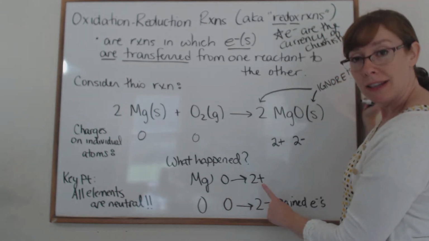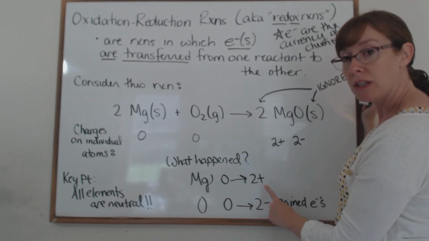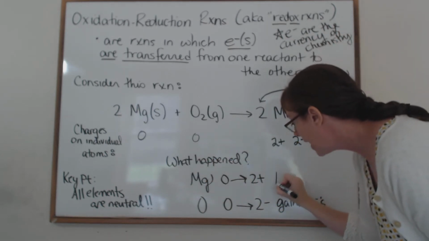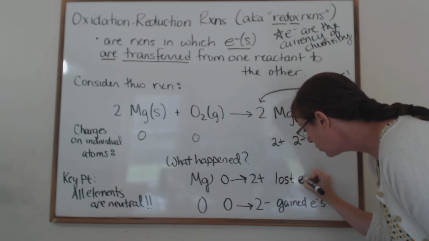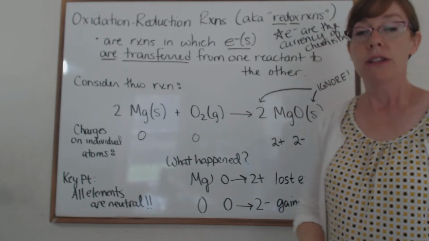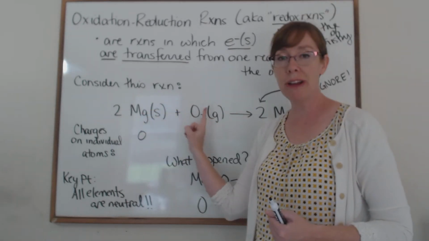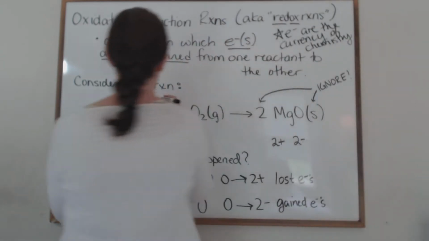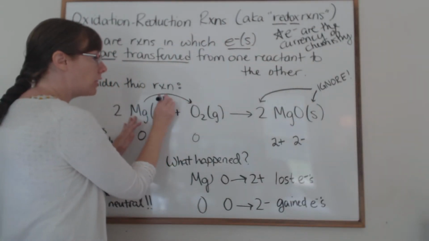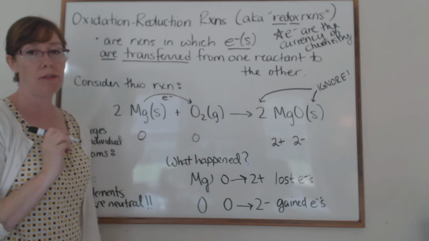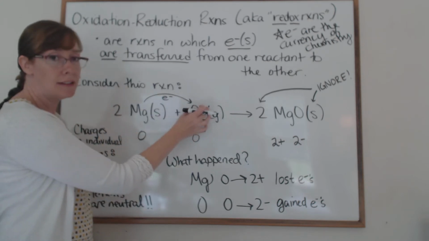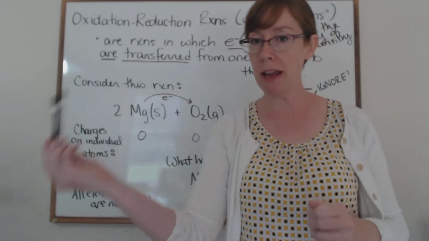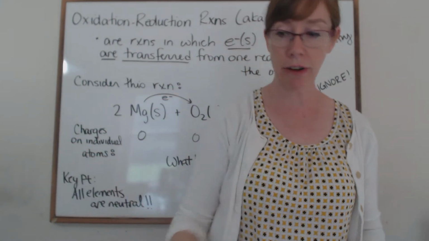If you get more positive, the only way to do that in chemistry is to lose some of your negative guys, which means the magnesium obviously lost electrons. So if you look at the 2 reactants, one lost and one gained, which means there was clearly a transfer of electrons, and that's all you need to know to make it a redox reaction. If it lost and it gained, that was a transfer, just like if I give my marker to somebody else, I lose, they gain, that's a transfer.